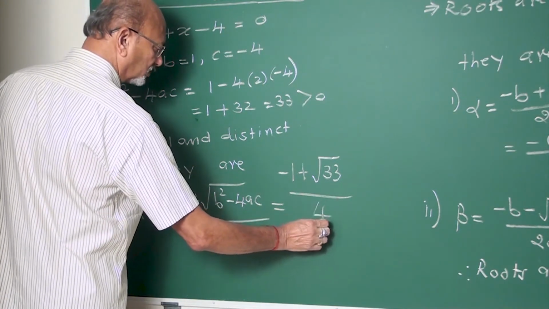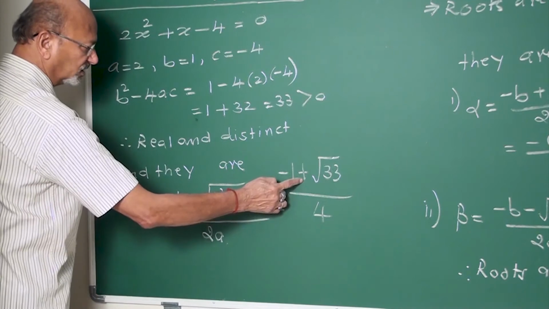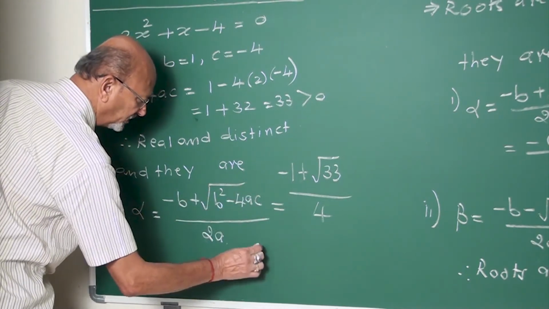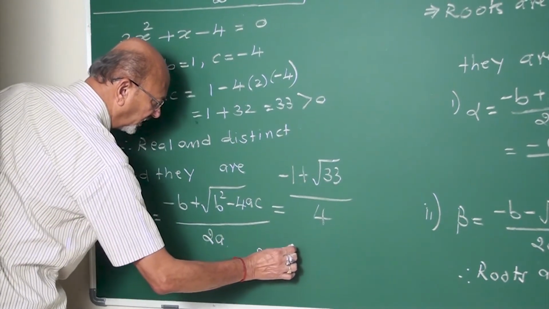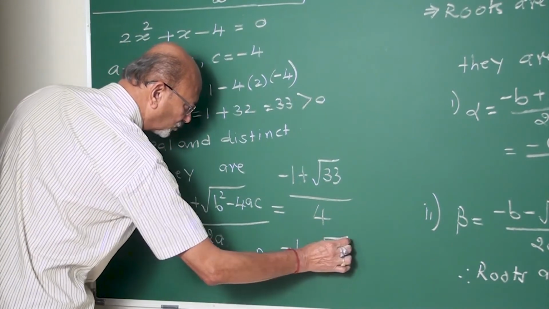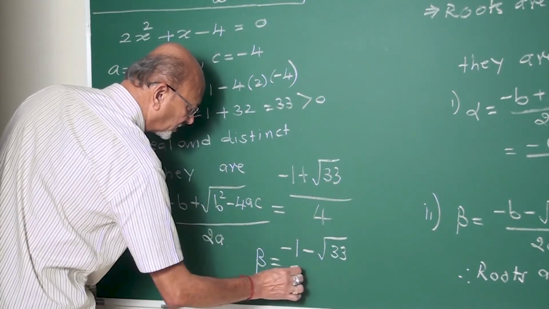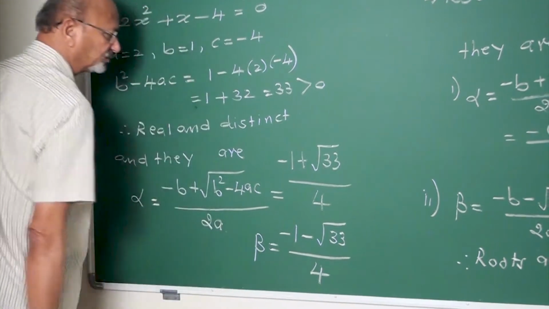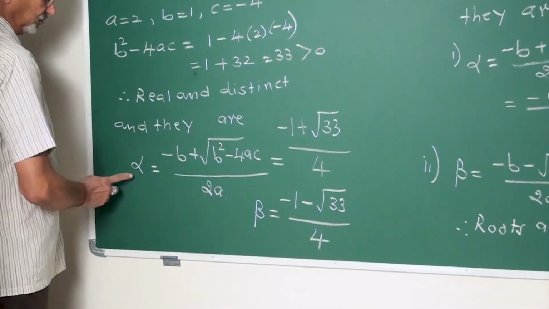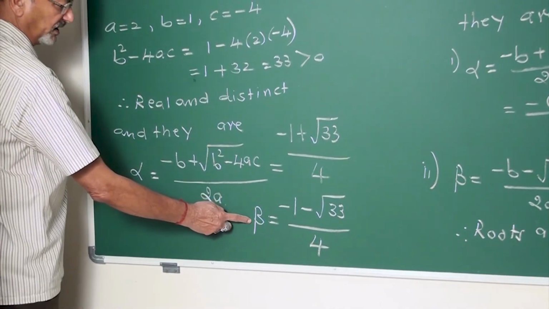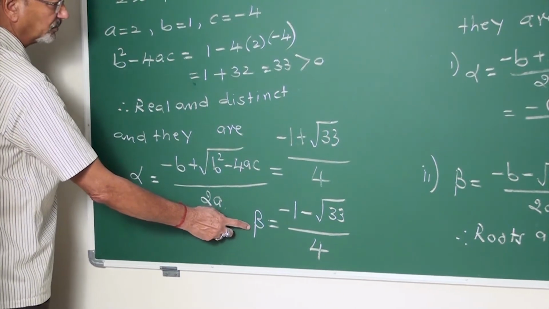This is one root. What about the other root? Beta is second root. It is minus 1 minus root 33 upon 4. Plus minus, my friend. Plus is first root, minus is second root, which is beta.